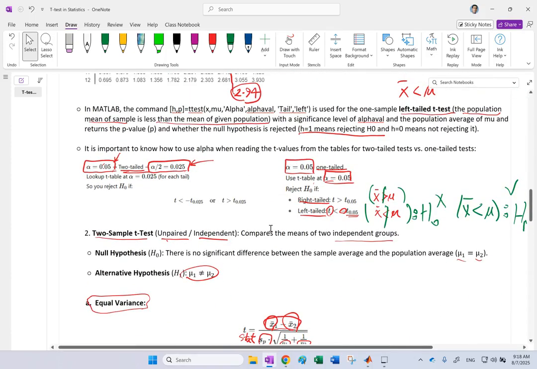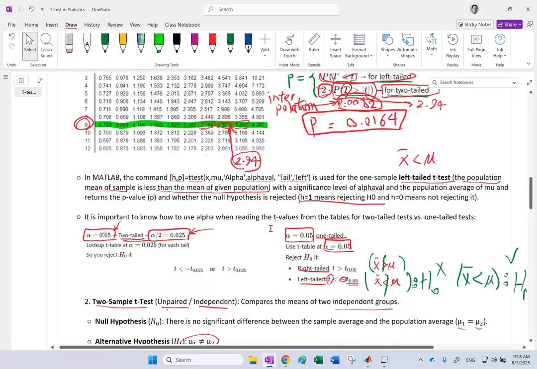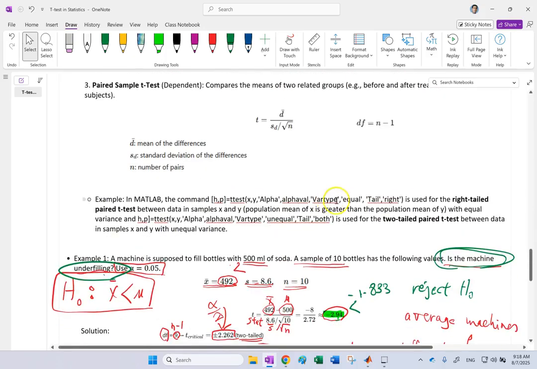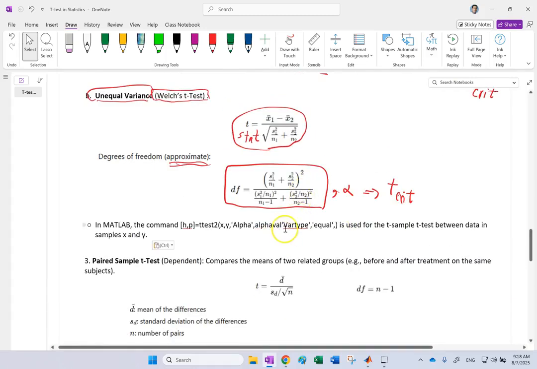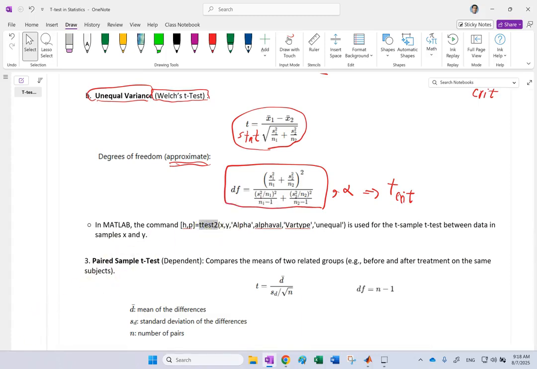The other thing you have is you can tell it whether they are equal or unequal. So here you have to say the var type, the variance type: are they equal or are they unequal? So you can say equal or unequal, okay? And that is how you do a two-sample t-test.